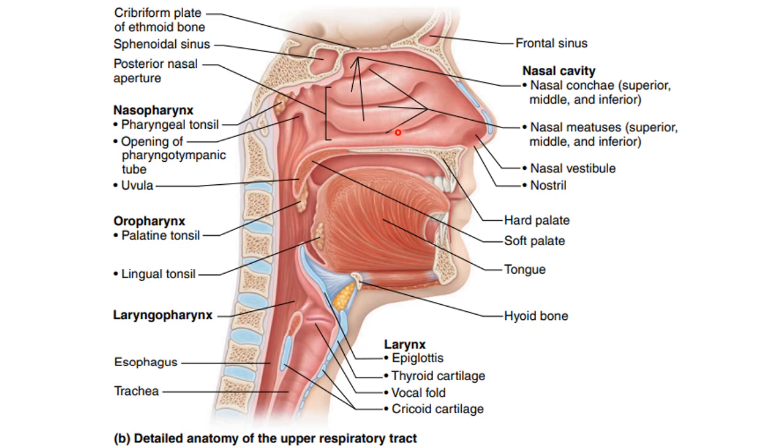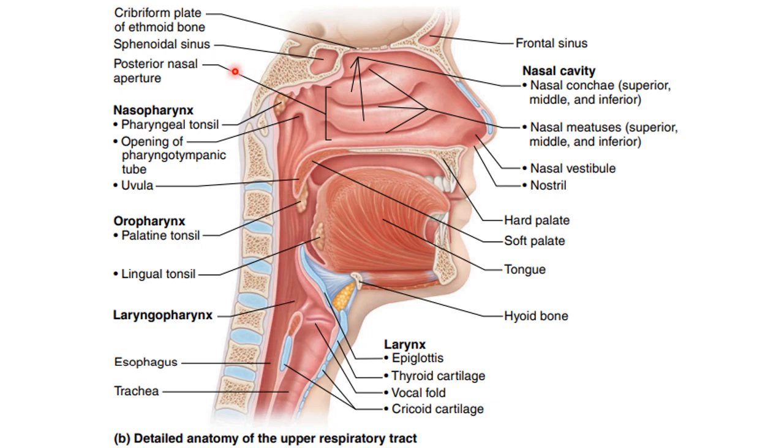So the paranasal sinuses, which contain secretions, together with the secretions of the eye, will drain into the nasal meatus. And eventually, as they drain into the meatus, they will be collected here, where you can swallow it or spit it out.